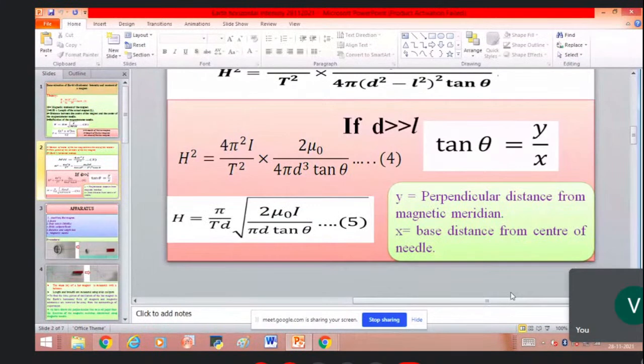So from this relation, H can be calculated. Here Y is the perpendicular distance from the magnetic meridian, and X is the base distance from the center of the needle.